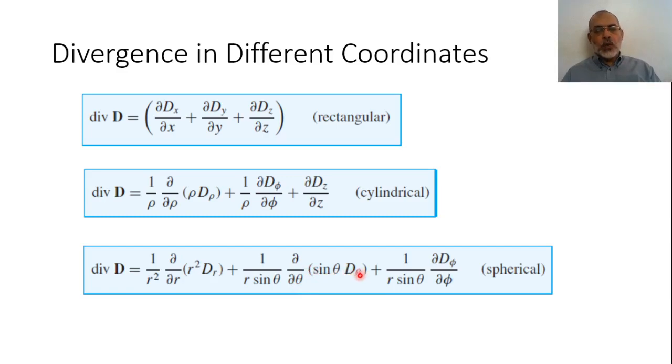So at the beginning, we take the theta component of the electric flux density and multiply it by sine theta, and then we take the derivative of all this component with respect to theta, then we multiply this derivative by 1 over r sine theta. Alright? Plus 1 over r sine theta, the derivative of D phi with respect to phi. This is the divergence of D in spherical coordinates.